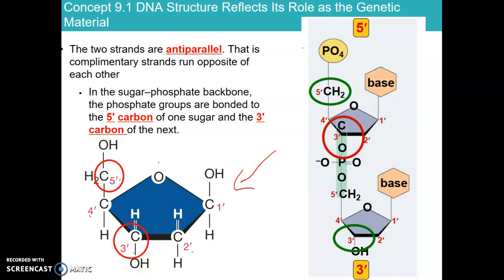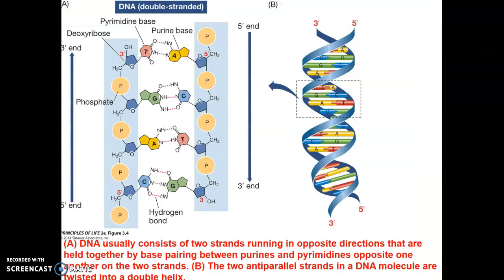And you can see that over here, where you've got the 5' and the 3' with the phosphate groups attached to it. Okay. And again, this phosphate attaches to this 5', and then the 3' would attach to another phosphate. So we identify the strands with the 5' facing up as the 5' end, and the 3' on the bottom as the 3' end.